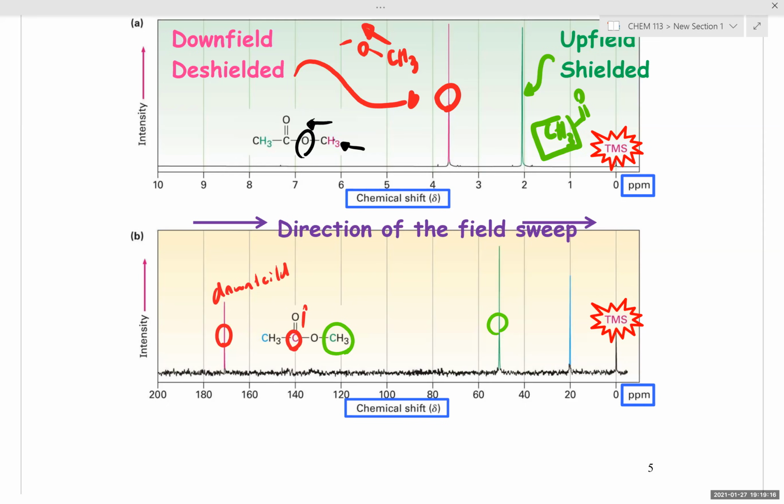So you can relate this idea of electron deficiency with downfield and deshielded nuclei. Does that make sense? Yes, thank you. Perfect. So let's keep going.